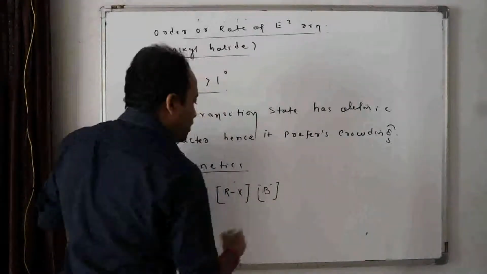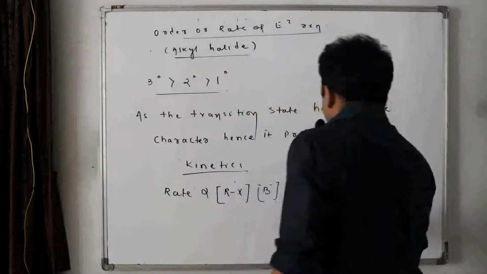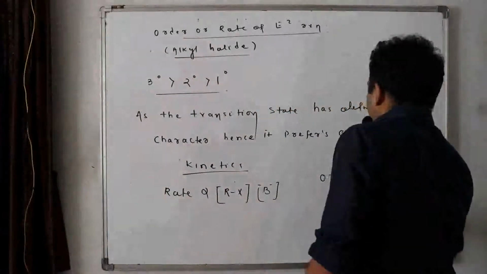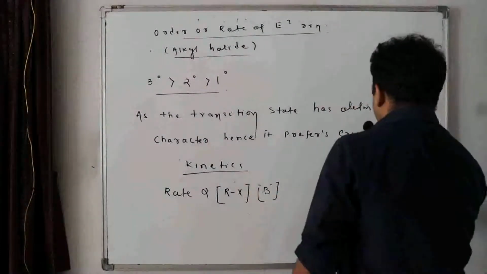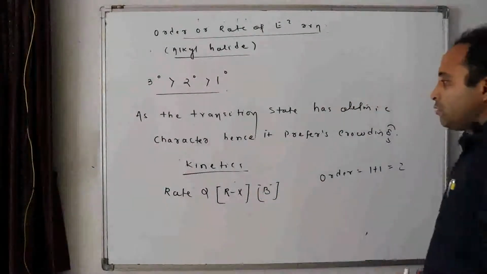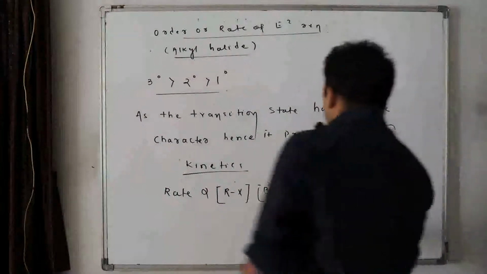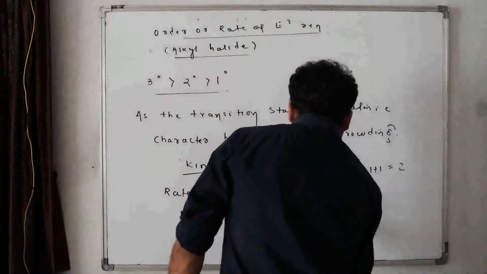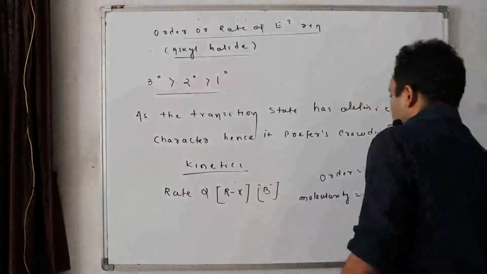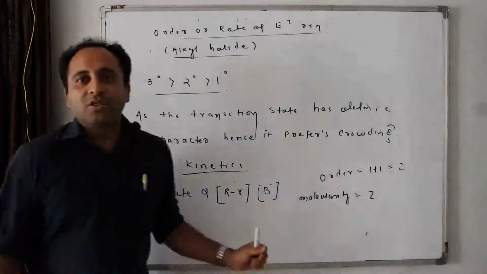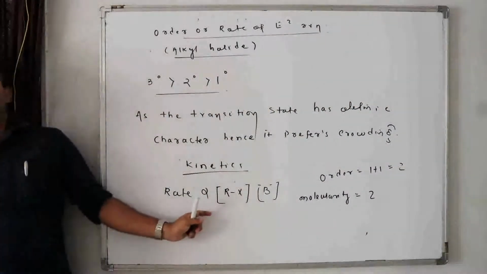So what is the order here? Do you remember order? In the rate law expression, the sum of the powers, 1 plus 1, is equal to 2. Say, what is the molecularity here? Molecularity is also 2. Isn't it? The order is 2. The molecularity is also 2.